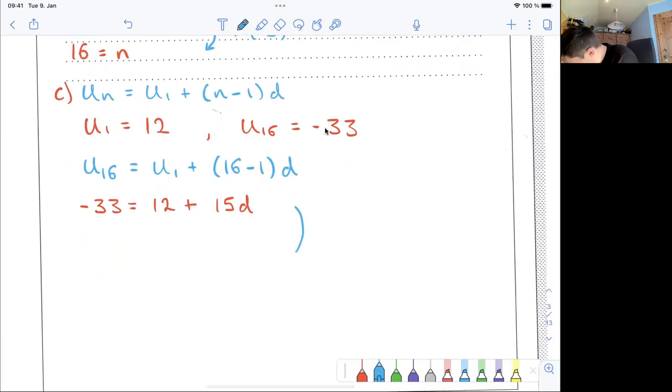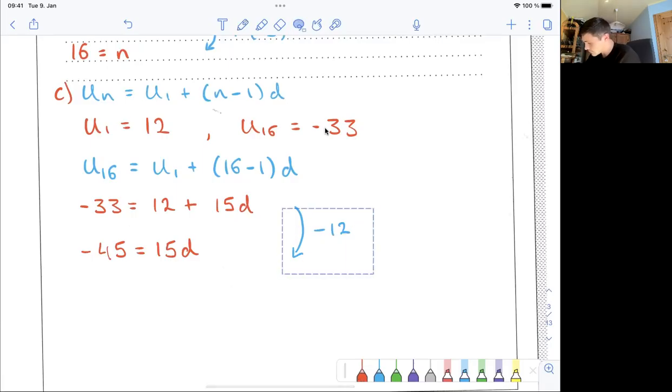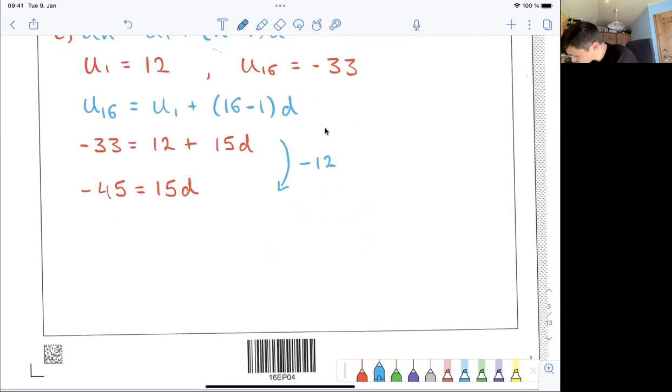Let's do that. Subtract 12. Negative 33 subtract 12 is going to give me negative 45. So negative 45 is equal to 15d. My next step is to divide both sides by 15, and that will get rid of the 15 from the right hand side, from the common difference d.